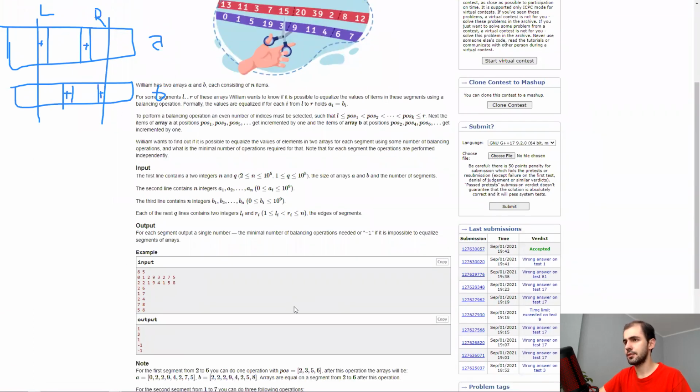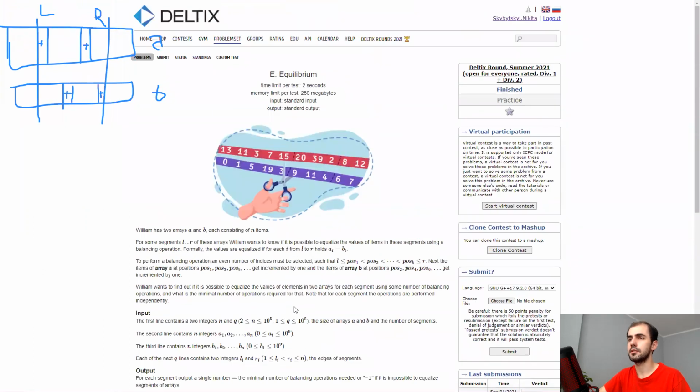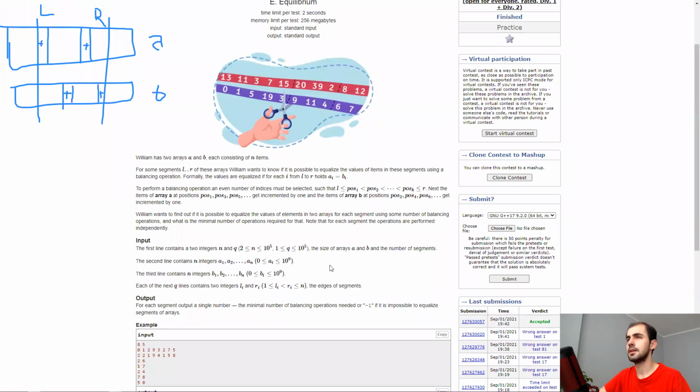Assuming that you spent some time thinking about this problem, I will start going through my ideas for it and how I approach it in general. First thing I noticed, it's not very nice to deal with two arrays. Why? I want to equalize them. Equalizing means that I want the difference to become zero. So I define a third array diff, or d for short, such that d_i was just a_i minus b_i.